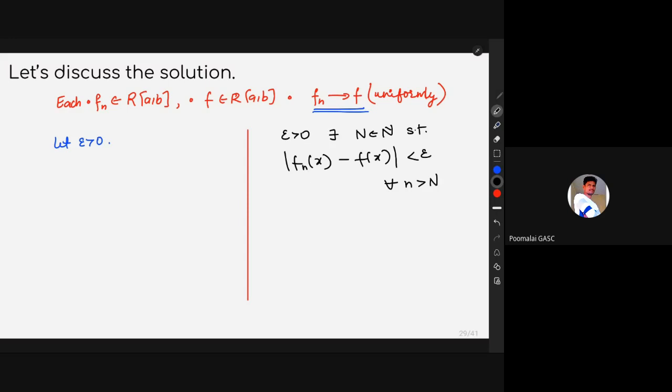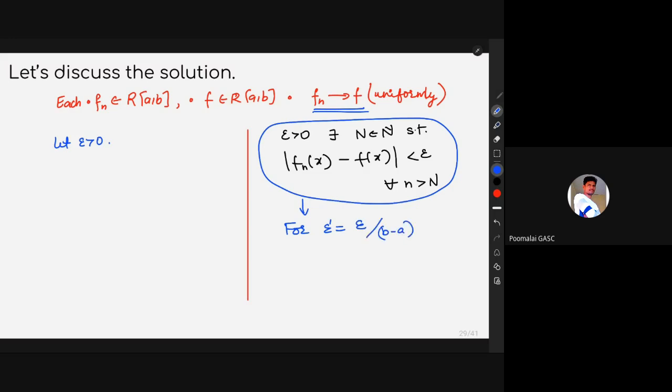Okay. So I will apply this uniformity definition for epsilon prime to be epsilon by b minus a, where this epsilon is coming from this epsilon.